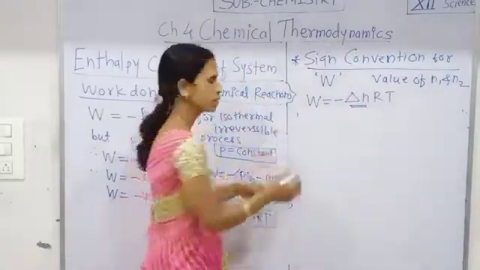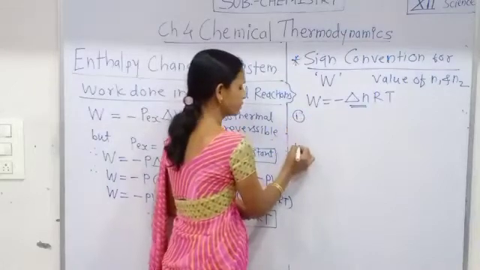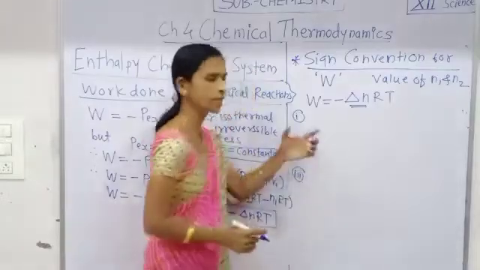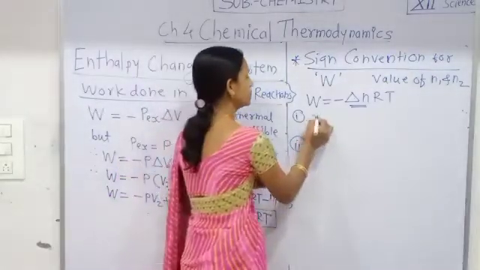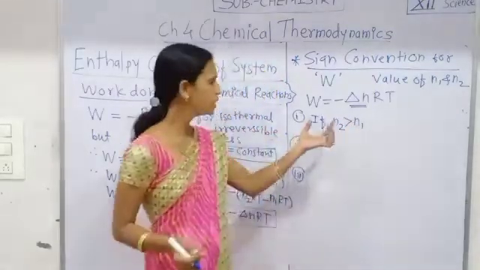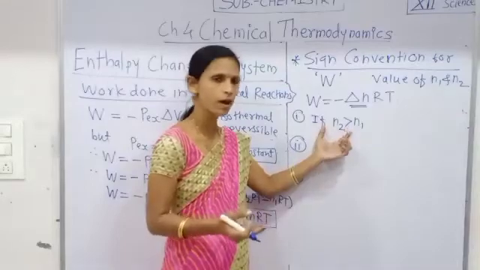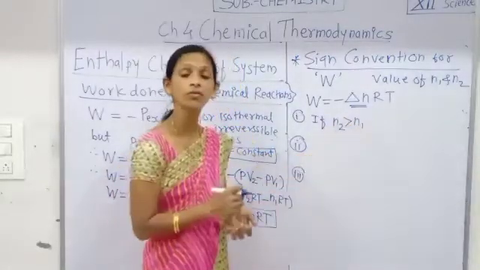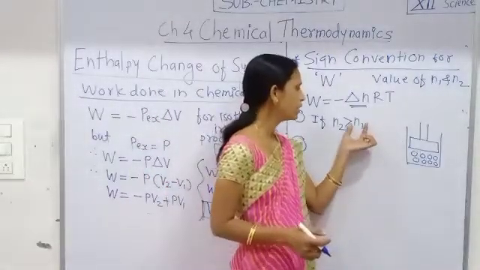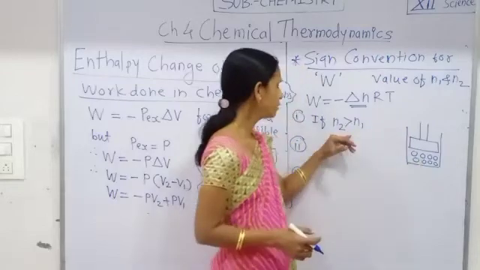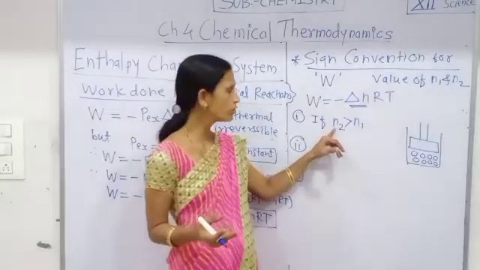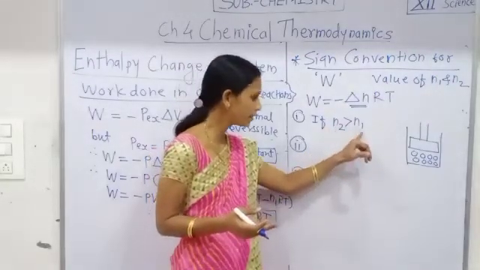Then see here, there are three conditions involved in gaseous types of reactions which take place in the system. If N2 is greater than N1, that means the number of moles of products is greater than the number of moles of reactant molecules. That means at initial state N1 moles are there, and when the system reaches the final state, the number of moles of product, N2, is greater.